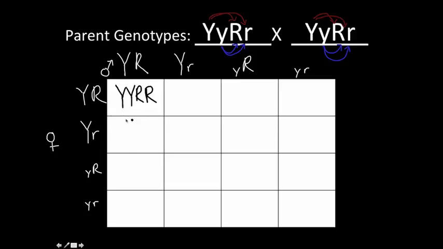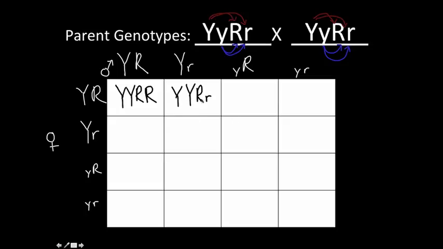And if we use the principle of dominance here, capital Y represents yellow, and capital R represents round. So this offspring, from this sperm and this egg coming together, would wind up yellow and round. Okay, we go to the next one. Big Y, big Y, big R, little r.